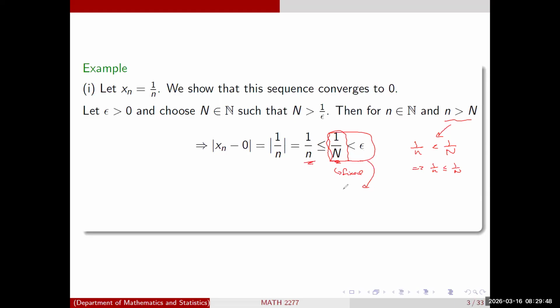So from this line, I get 1 over N is less than epsilon, but I need to solve for big N. So solve this inequality. If I flip both sides, I get N greater than 1 over epsilon. And this is what we then take and plug in up here.